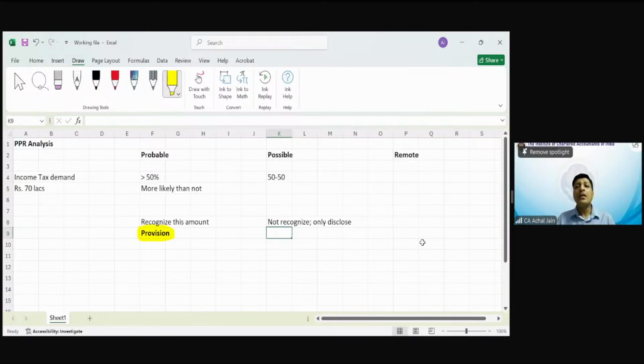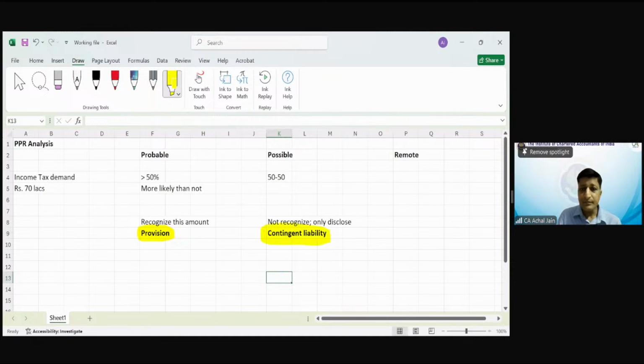Disclosed means there will only be a disclosure in the financial statements in respect of this amount. So in the financial statements, in the notes to accounts, the company will disclose that there is a contingent liability amounting to 70 lakhs. So this is what you call a contingent liability.